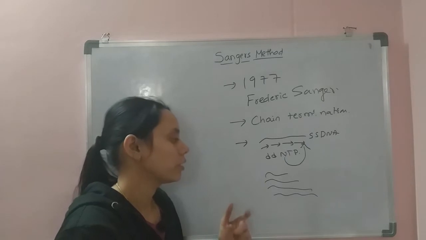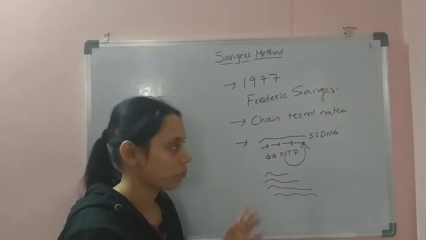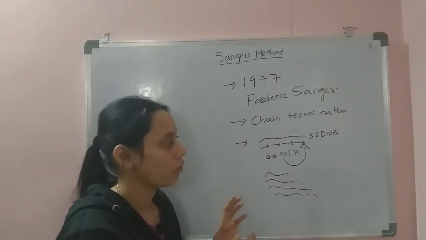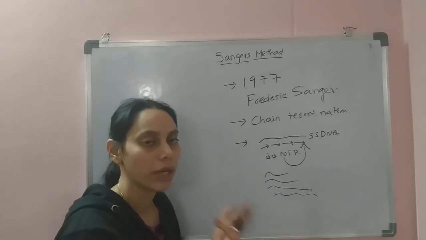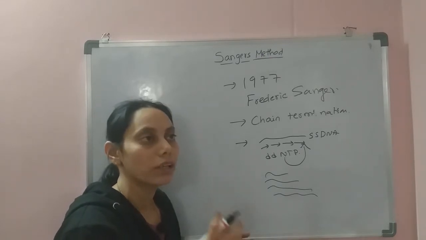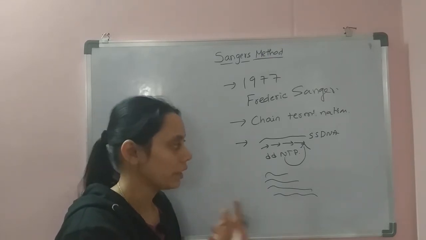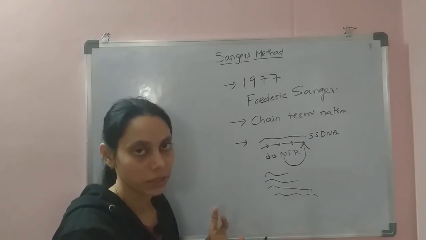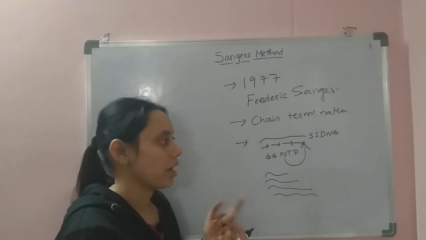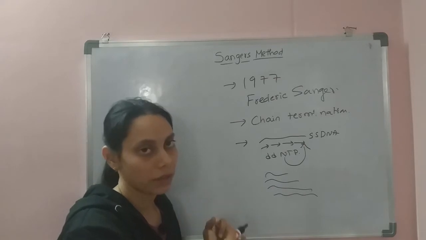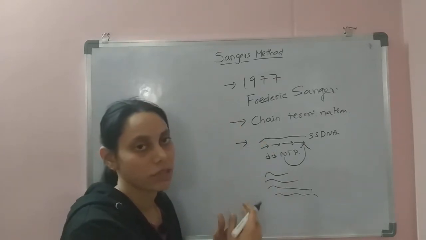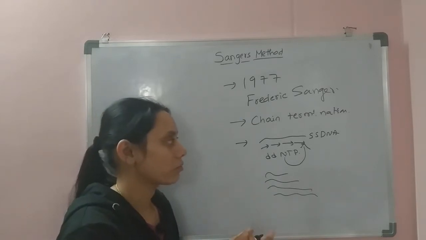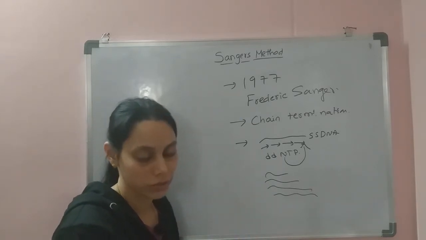Different lengths of DNA fragments will be formed, and all of these will be separated on gel electrophoresis. A banding pattern will be obtained based on the 4 types of ddNTPs that we use in this method, and this banding pattern helps us understand the DNA sequence of the strand that we are sequencing.